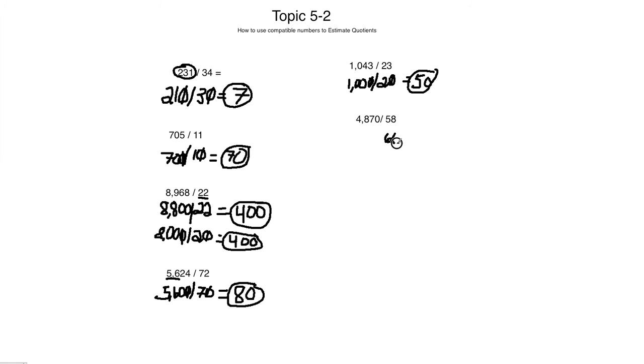So I'm going to put that there. Now the question is, can 6 go into these first two digits? Can 6 go into 48? Yes. And that would be 8 times. 8 times 6 is 48. Okay. And then put in 2 zeros. So now we have 800 divided by 60. Cross out the zeros, which you do to one side, you do to the other side.